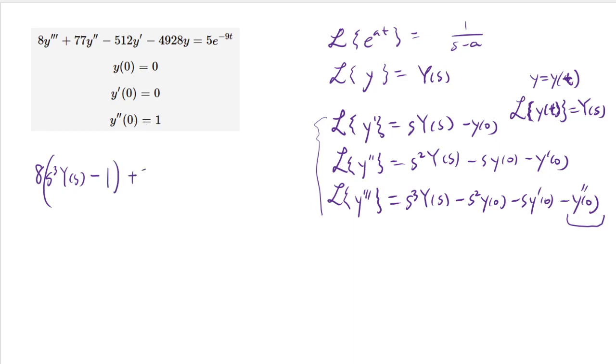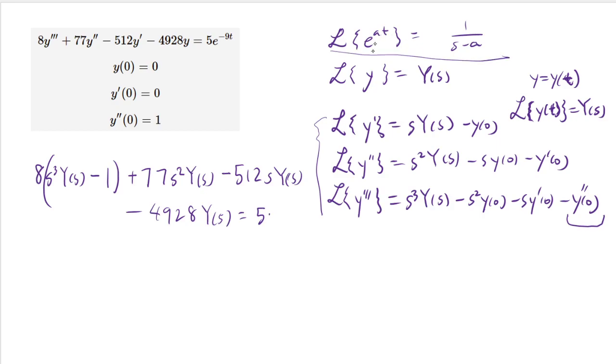But otherwise, just simply y double prime would be s squared Y of s. None of these terms would appear because they're all 0. And then you get minus 512 s Y of s minus 4928 Y of s, and then 5 times, using this formula right here with a being negative 9, you have 1 over s plus 9.